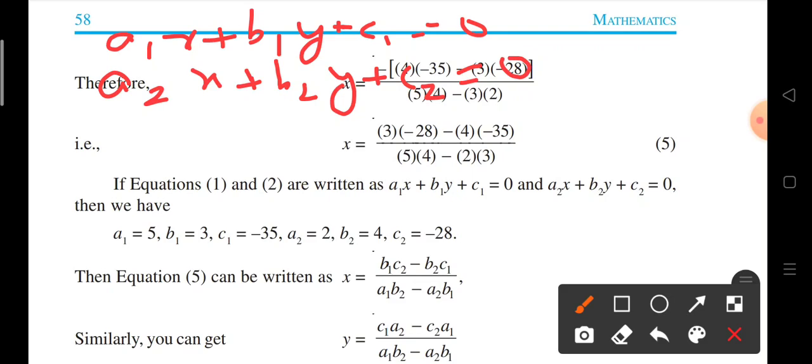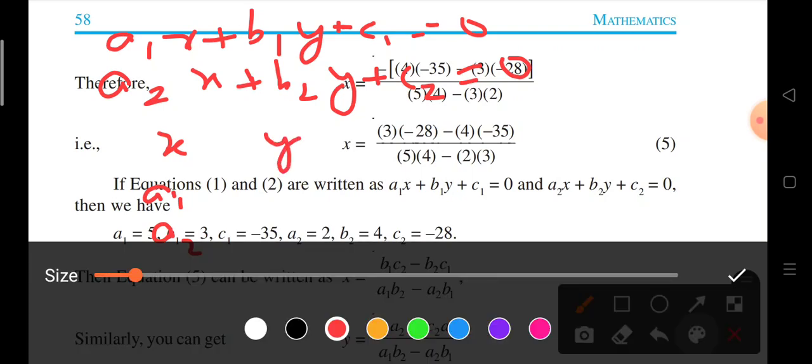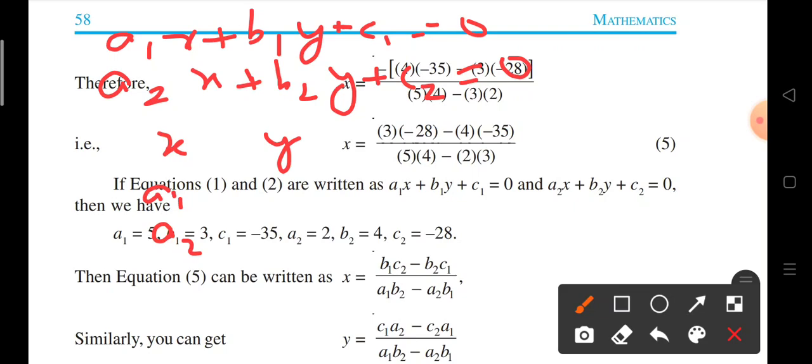Now write the coefficient, write x over here and the coefficient over here, a1, a2, y over here, and the coefficient over here I am writing with a different color, b1, b2, and 1 over here, and I write the constant c1 and c2.